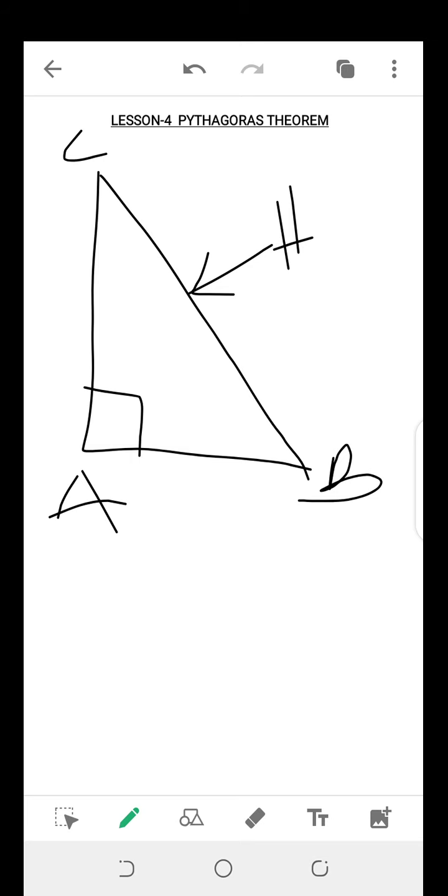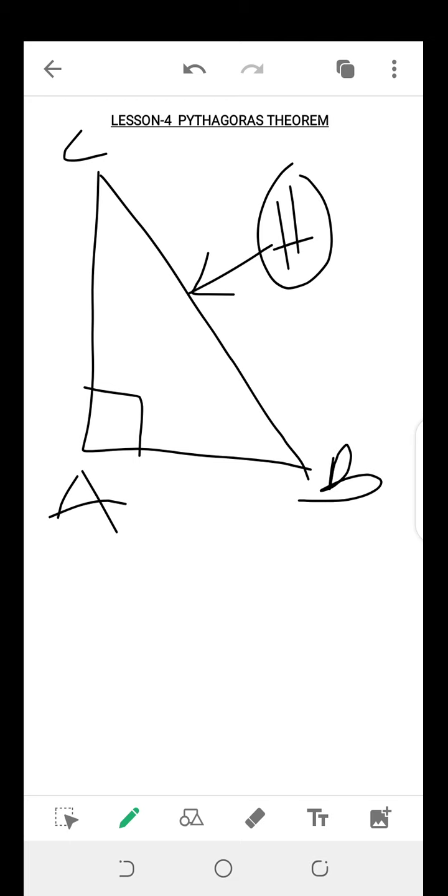So what Pythagoras theorem says is that when we square the longest part, that is the hypotenuse, it should give us the sum of when we square AB and AC.